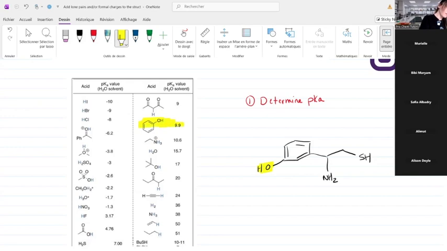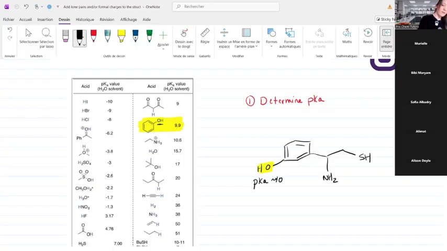Here I can highlight it. We have a phenol with the OH highlighted, and that's the pKa of that OH bond. Don't get mistaken with tert-butanol, for example, or any alcohol, because the pKa there will be much higher. So phenol here is around 10, so I'm going to write pKa around 10.